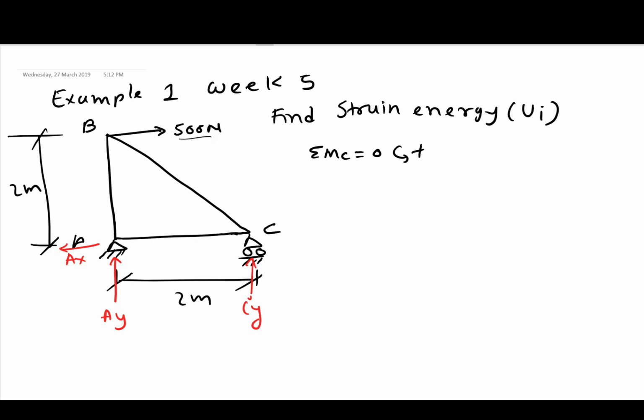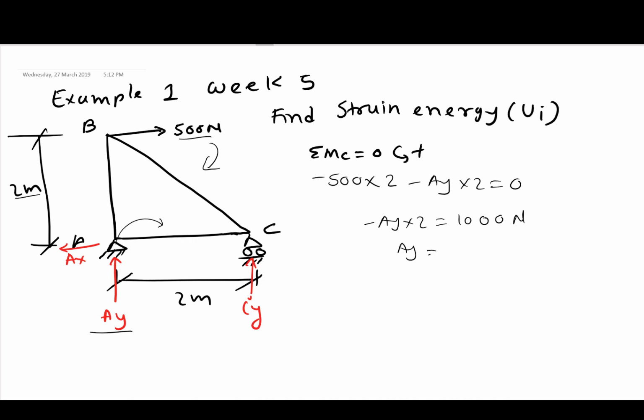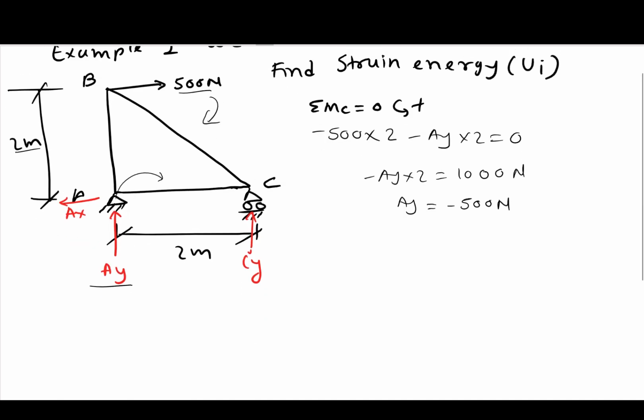This 500 creates the anti-clockwise moment, perpendicular distance is 2, and minus AY, this force creates the clockwise moment, so AY times 2 is minus. So minus AY times 2 equal to 1000 Newton, and then AY equal to minus 500 Newton. Right, so we just found AY.